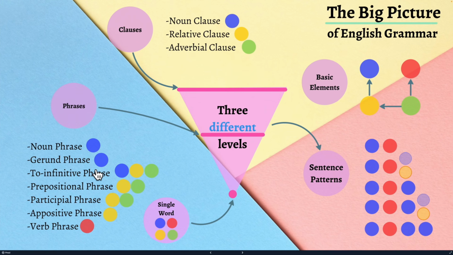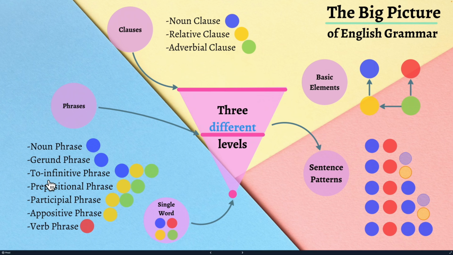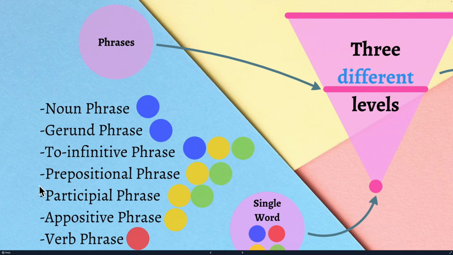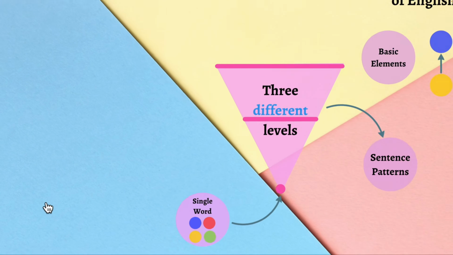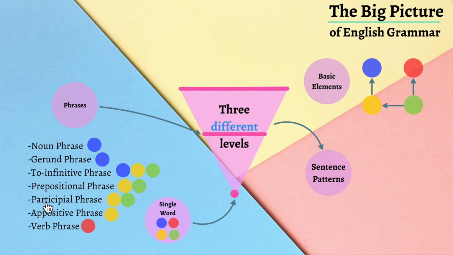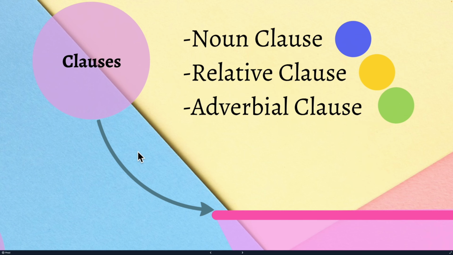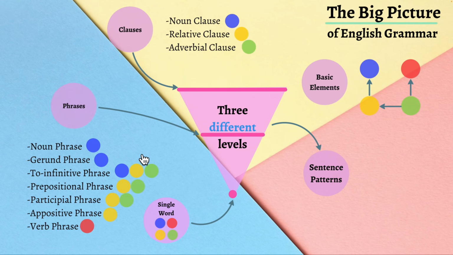If it is a phrase, there are several kinds of phrases in English that can function as an adjective, for example to-infinitive phrases, prepositional phrases, participial phrases, as well as appositives. When a full sentence functions as an adjective, it is a relative clause.